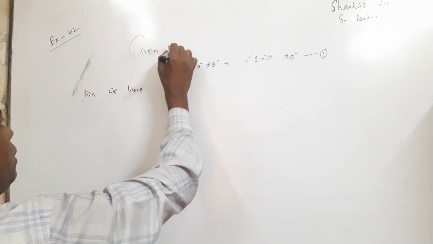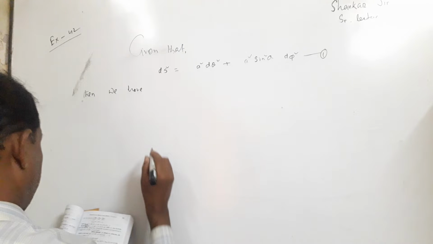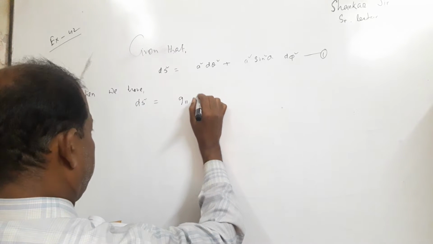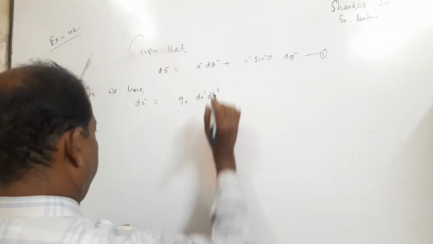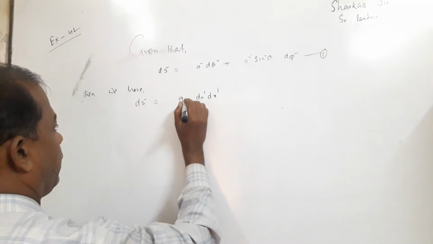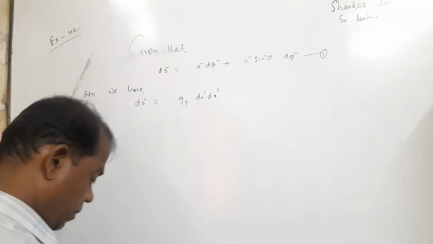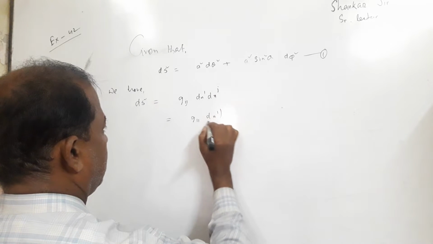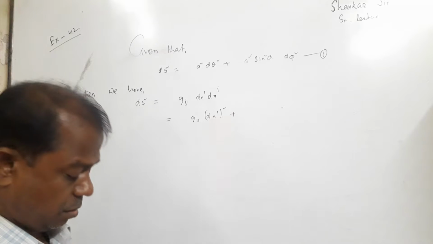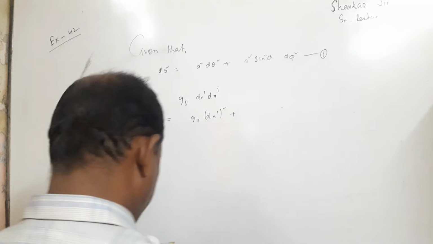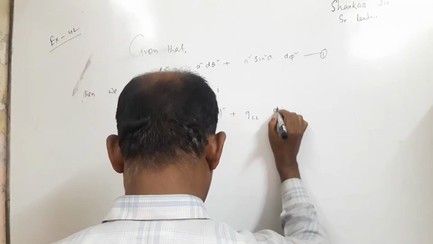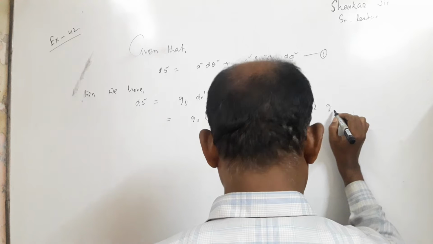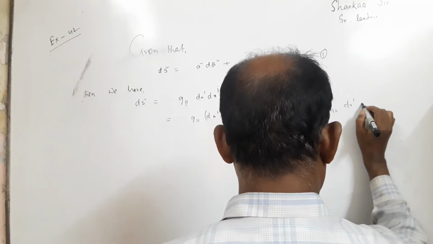And then we have ds square equal to g_ij dx_i dx_j, that is g11 (dx1) whole square plus g22 (dx2) whole square plus 2 g12 dx1 dx2.